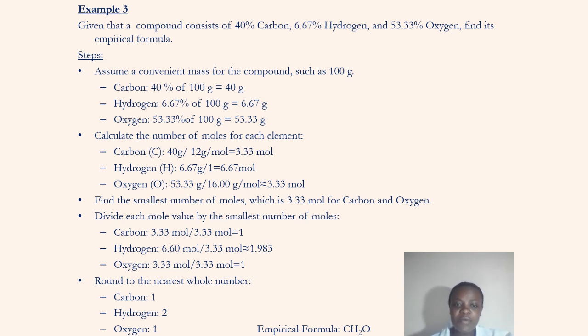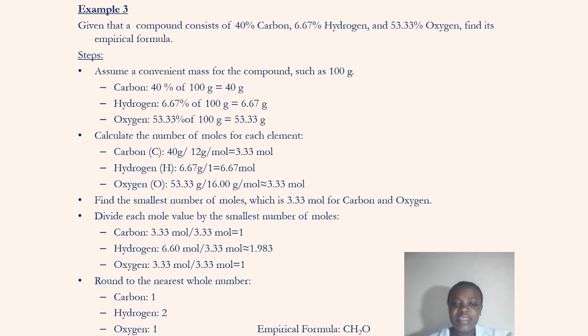So carbon will have a ratio of 1. Hydrogen will have a ratio of 1.983, that is 6.67 divided by 3.33, which is approximate. Then oxygen, 3.33 divided by 3.33, will give me 1. So the ratio now will be 1, 1.983, and 1.